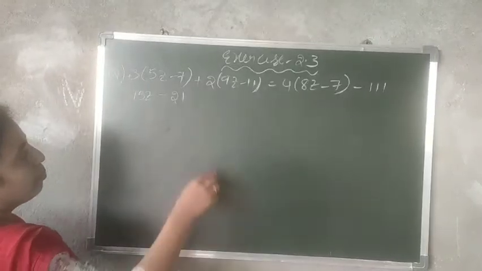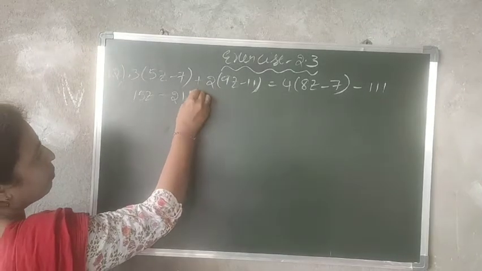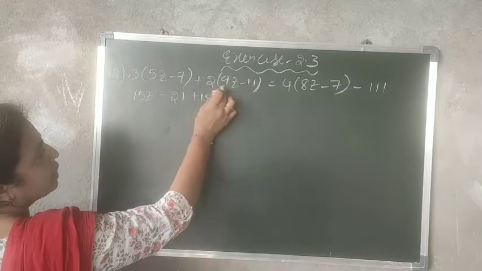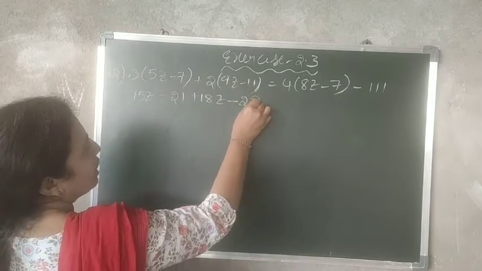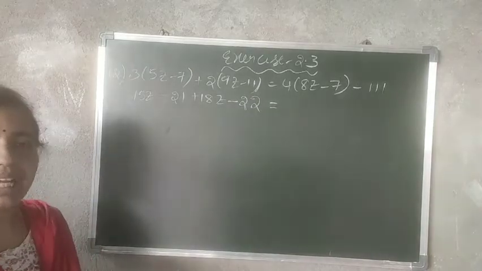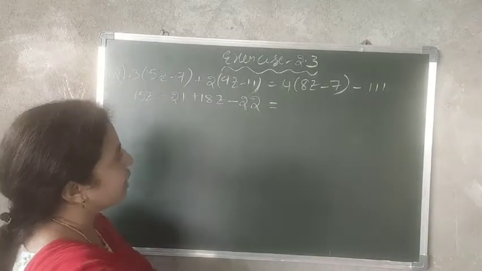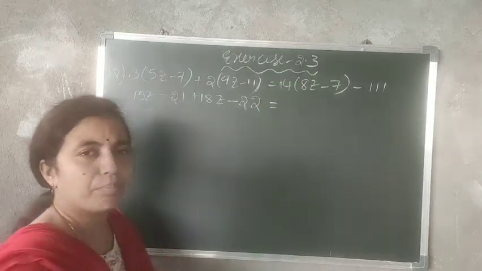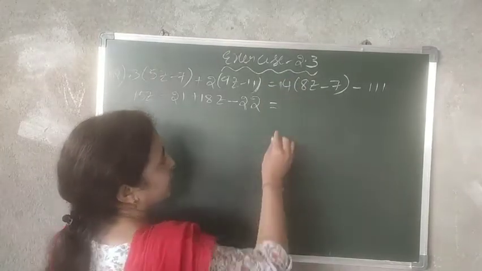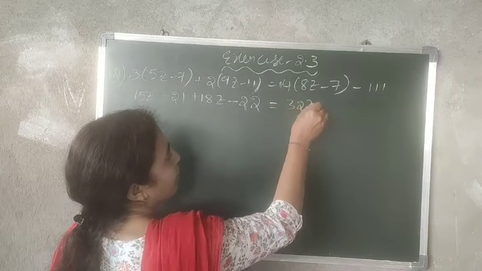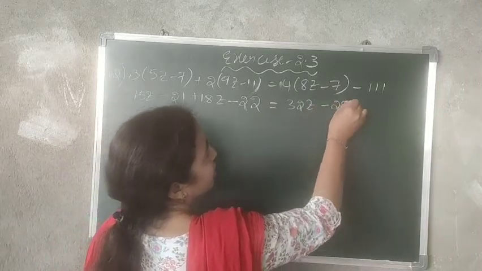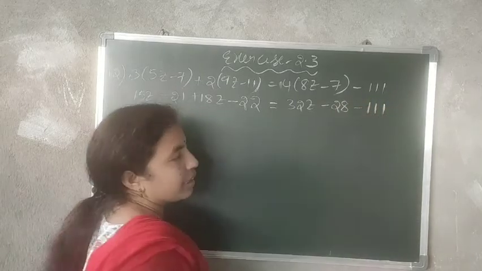Then plus 2 into plus 9z is plus 18z, plus into minus, 2 elevens are 22. Next go for RHS. Nothing is there, so we'll consider it as plus 4 into 8z is 32z, plus into minus, 4 sevens are 28, minus 111.